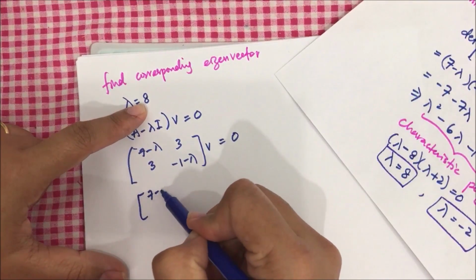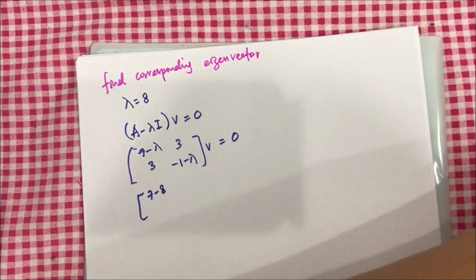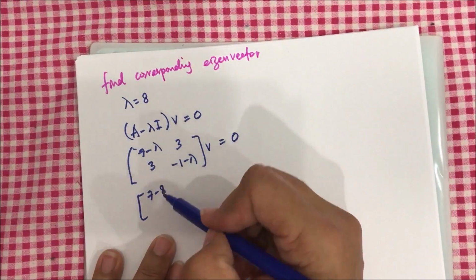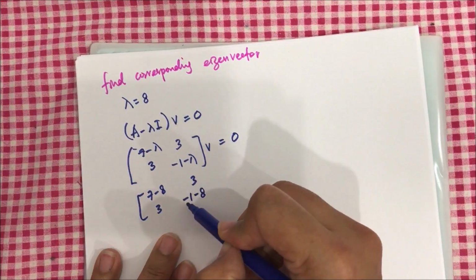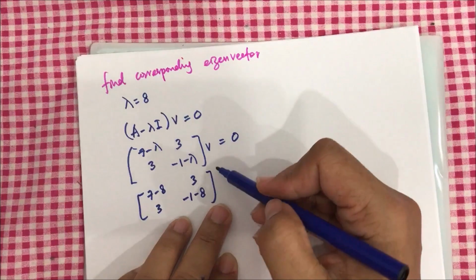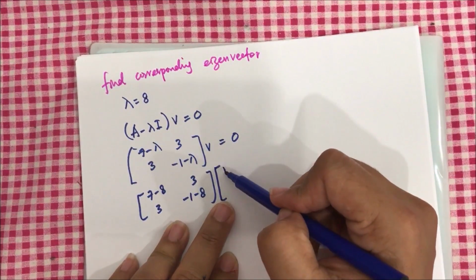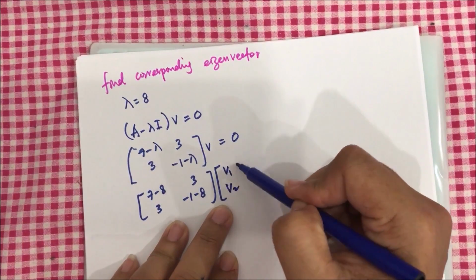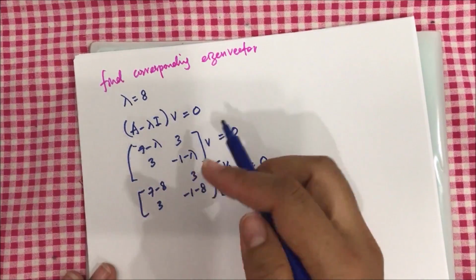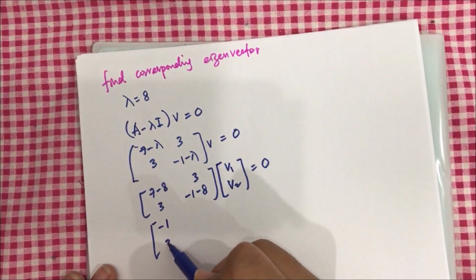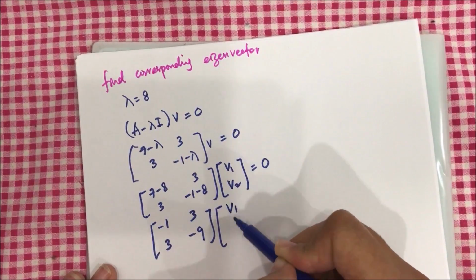That means 7 minus 8, then 3, 3, 1 minus 1, negative 1 minus 8, and v is actually v1, v2, equal to 0. So 7 minus 8 is negative 1, negative 9, v1, v2.